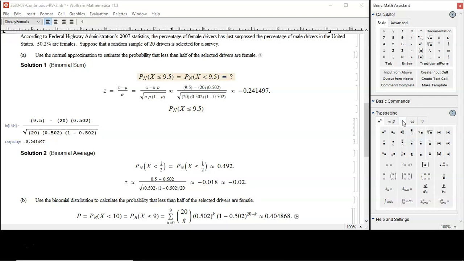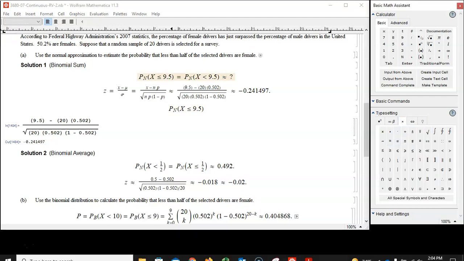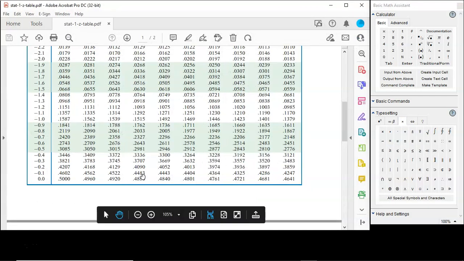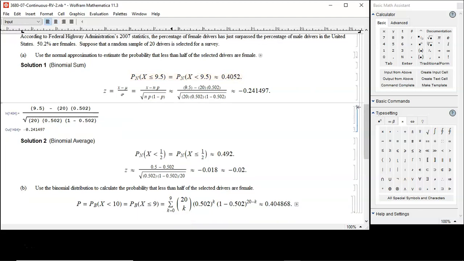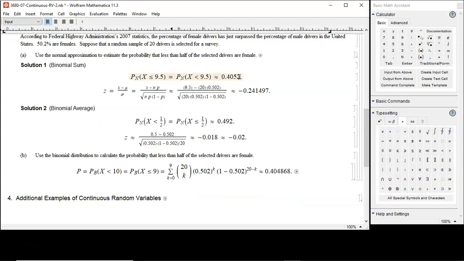So that's approximately equal to, and what was the number again? 0.4052. So I don't need this anymore. I don't need this anymore. Now compare this with that.